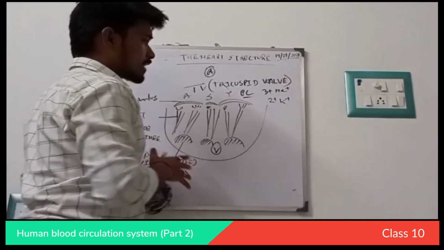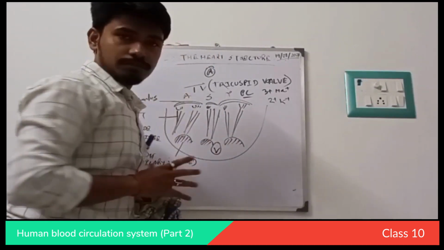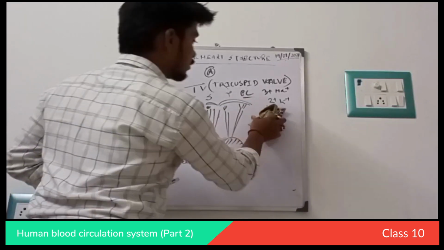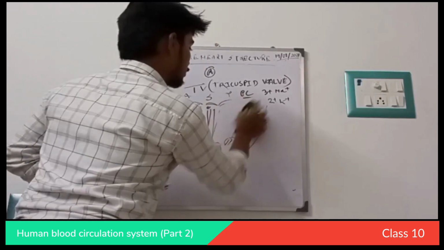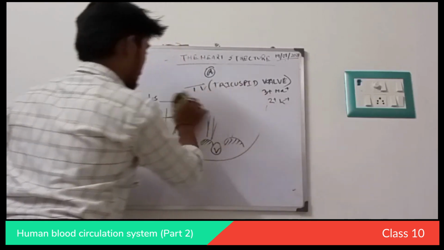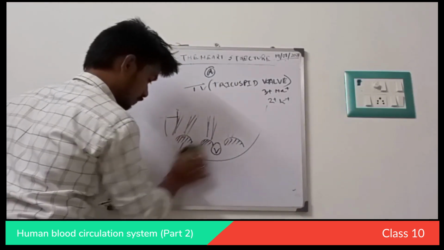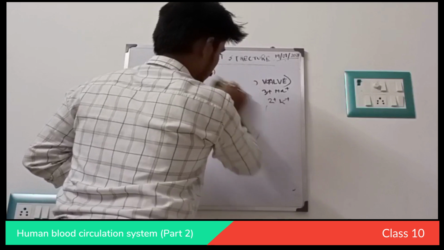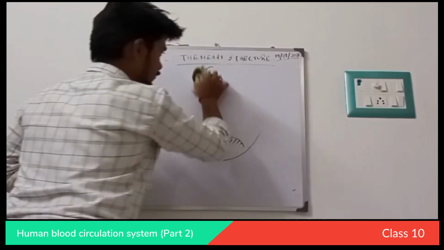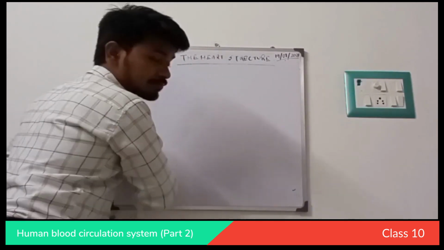So for the rest of the things, mainly it's the mitral valve. So let me draw that. Mitral valve means bicuspid valve.